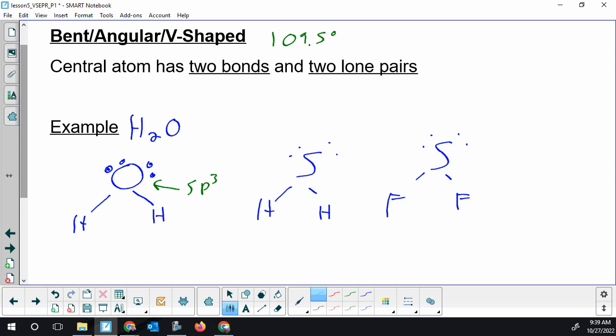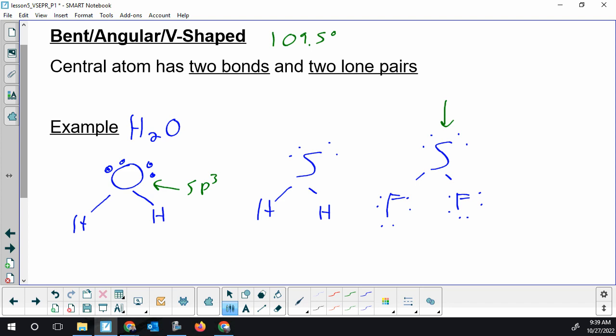The lone pairs on the fluorine don't affect anything. Why don't they affect anything? Because we look at the central atom. The central atom has 2 bonds and 2 lone pairs. The fluorine atoms are not in the middle, so they're not affecting the shape.